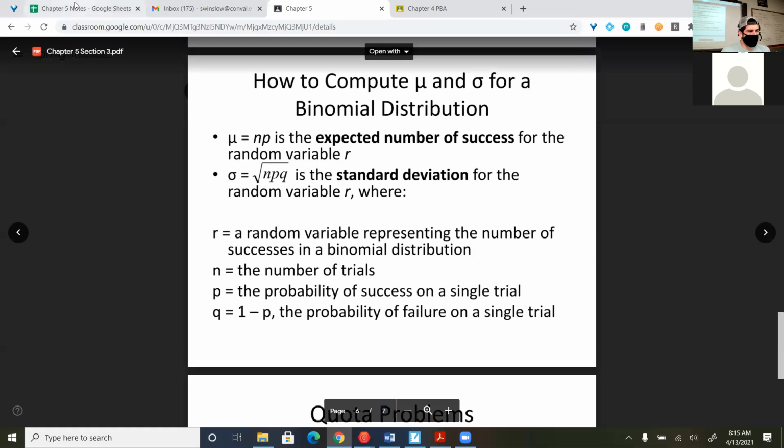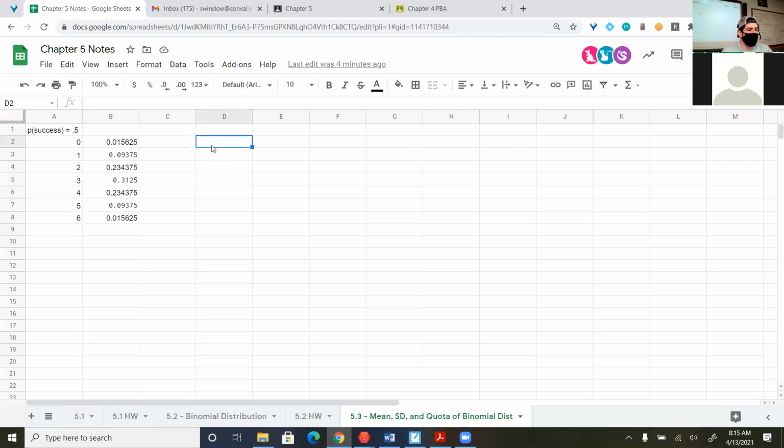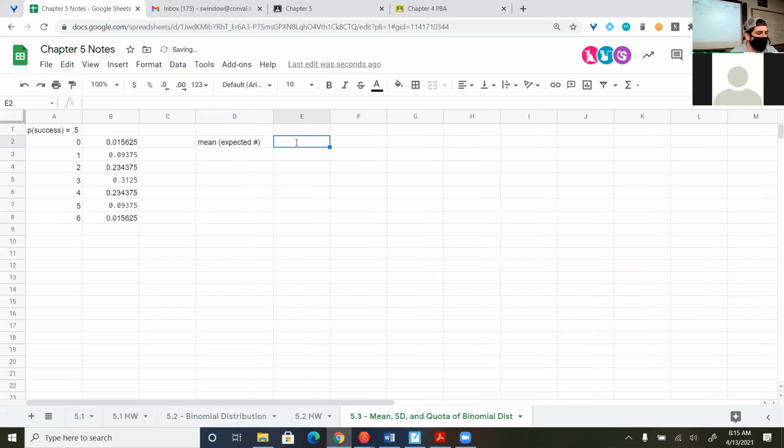So just to finish off the problem that we had started, if I wanted to know the mean, which is the expected number of successes, I am going to do n times p, n being 6, p being 0.5. So I get that the expected number, or the average, would be 3 out of 6.